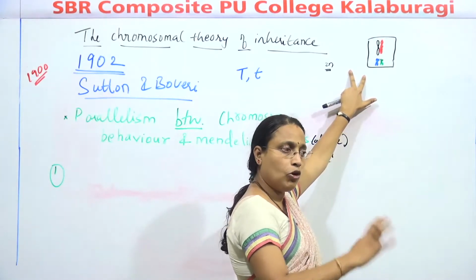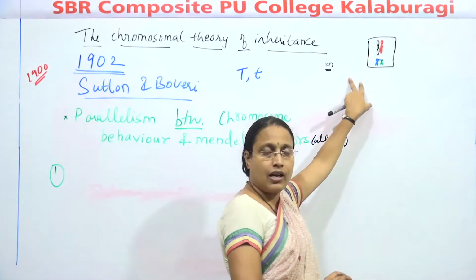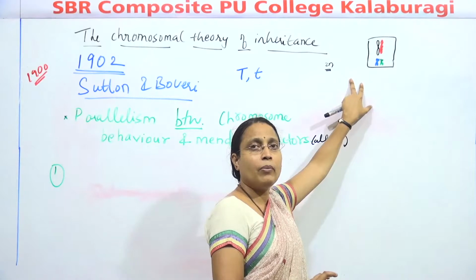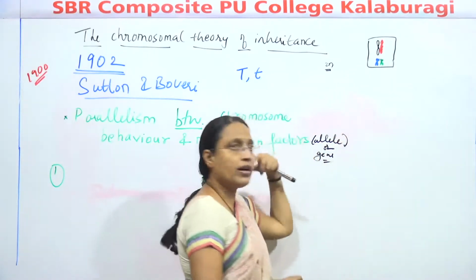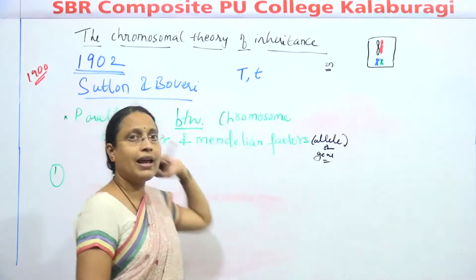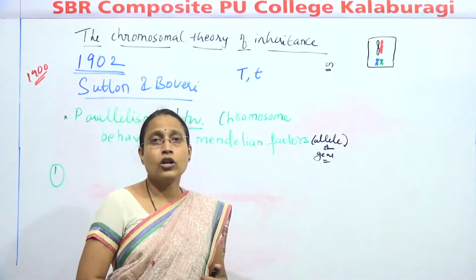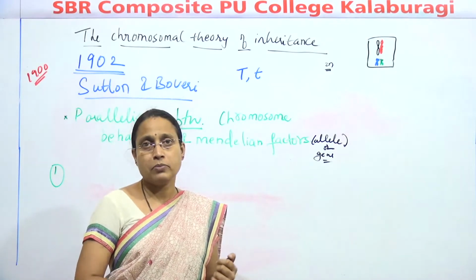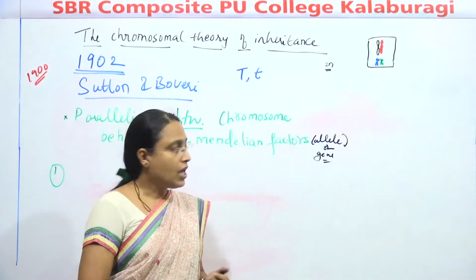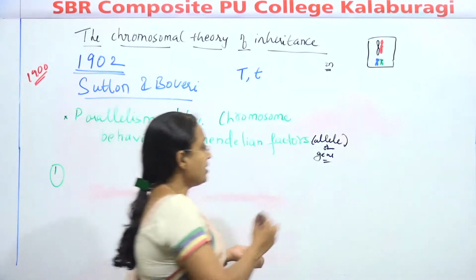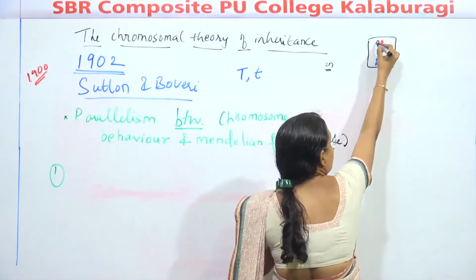Now, to show that both are similar, in the same figure I am going to introduce the alphabetical factors present, because, as I told you prior, you should remember that the factor is located at a specific position on a specific chromosome.